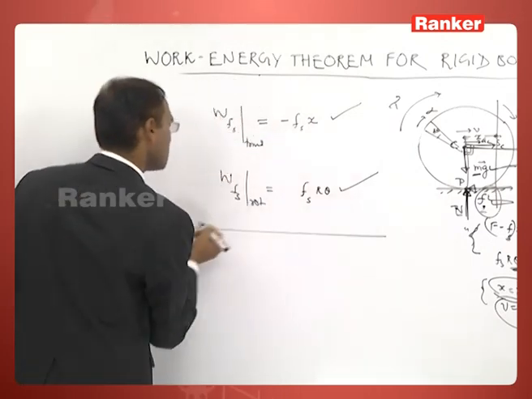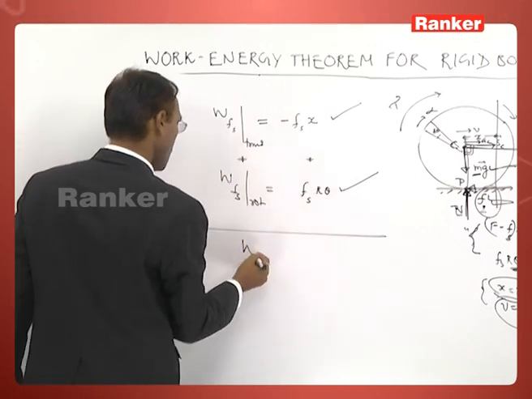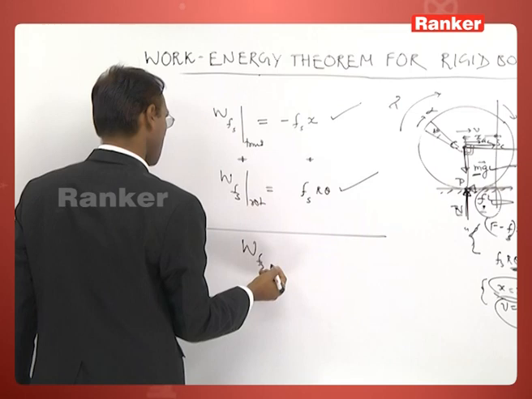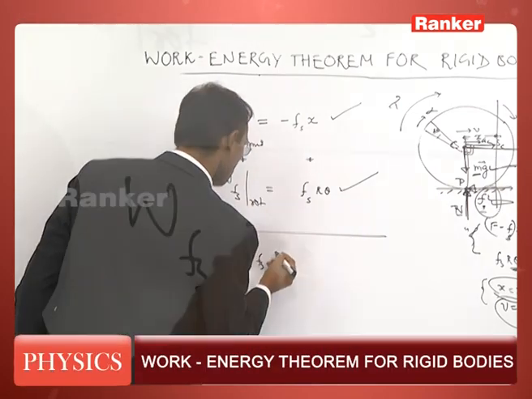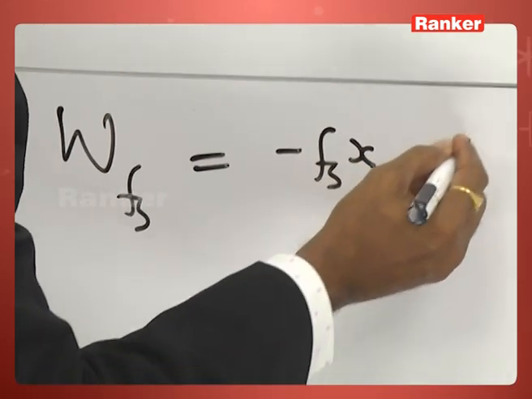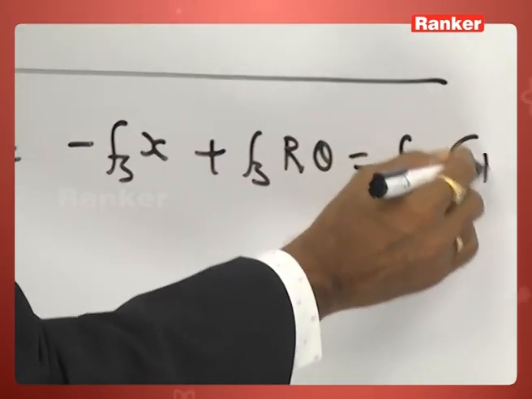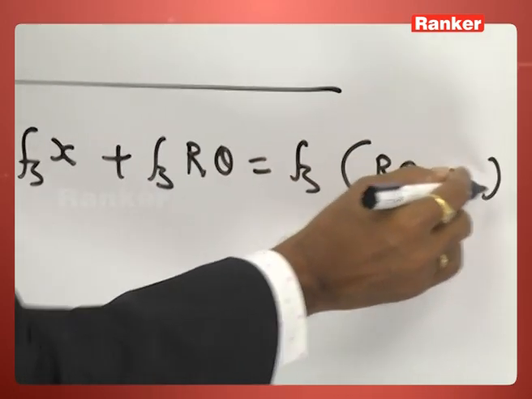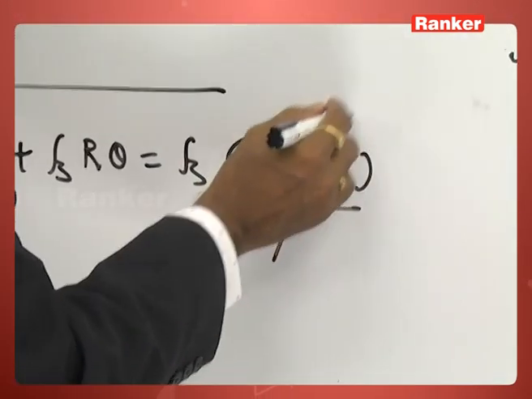And if you sum both the work done, you get total work done by static force of friction in translating and rotating the object, which will be equal to minus Fs into x plus Fs r theta, that's equal to Fs into r theta minus x. Since it is rolling perfectly, this will vanish.